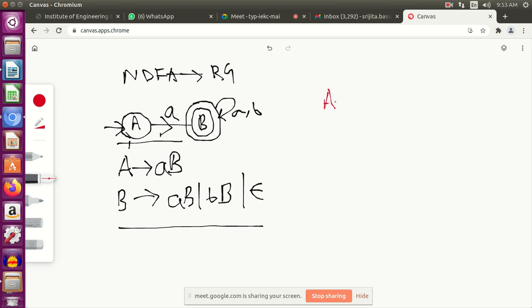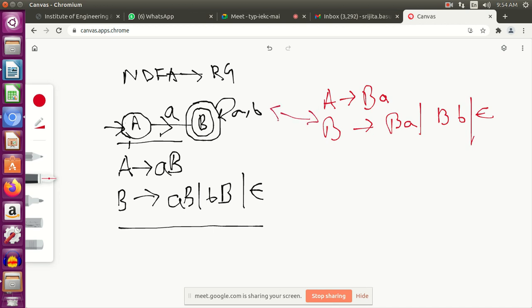So reversing the grammar would give you this. Can someone tell me, is this a correct grammar? Like using this grammar, can you get this DFA, or is this the equivalent grammar for this DFA?